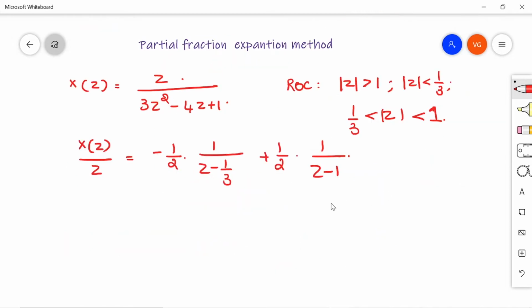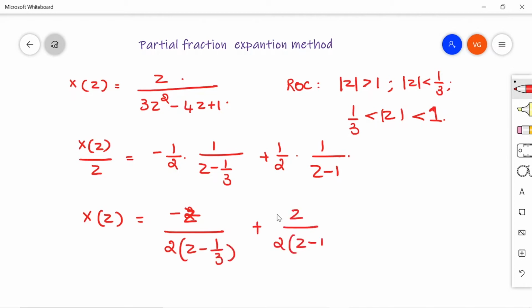So after finding the values of k1 and k2 and substituting, I got the equation of X of z by z like this. Now you bring this z to the other side so that you can write X of z. So I am trying to write down X of z, that is equal to minus z divided by 2 into z minus 1 by 3 plus z divided by 2 into z minus 1.